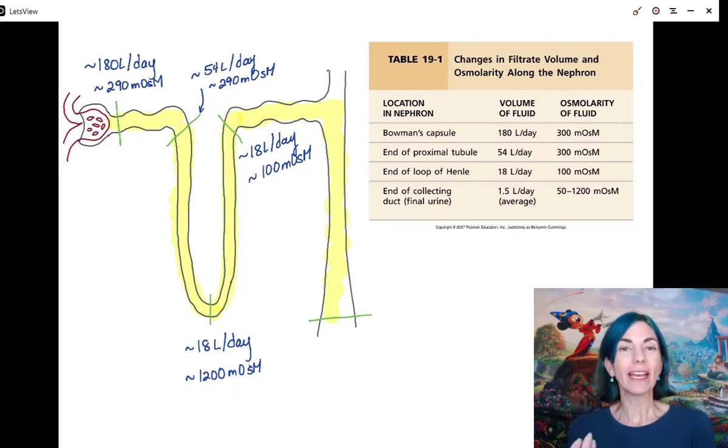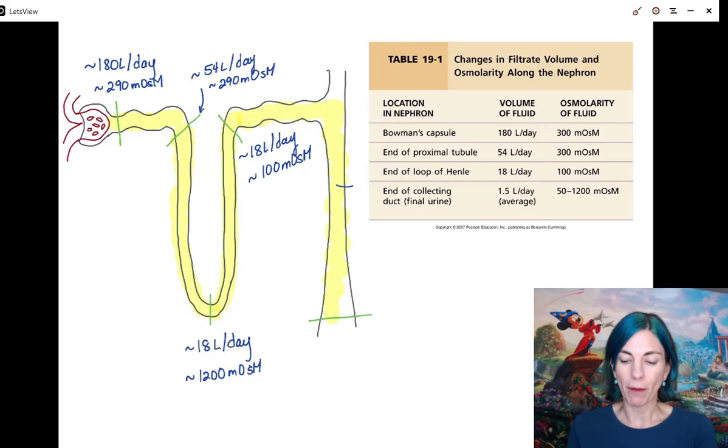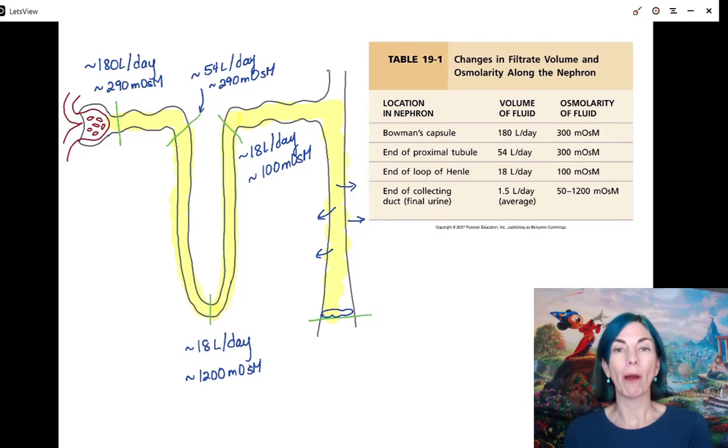And let's just pick water for a moment. Let's say that you're going to reabsorb a lot of water. If the collecting duct decides to reabsorb a lot of water here, then there's not going to be very much water left over at the bottom. And so this is going to be reflected in your urine volume, because once you reach this last checkpoint, your urine, you don't get to be reabsorbed anymore.